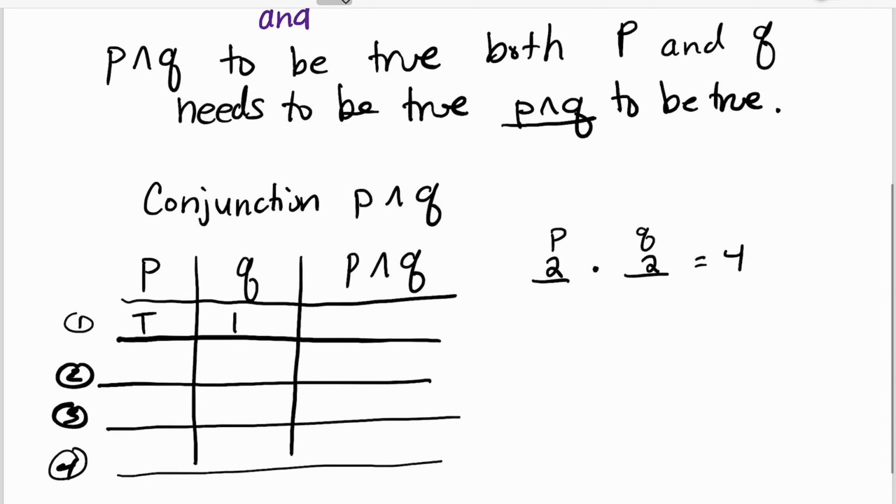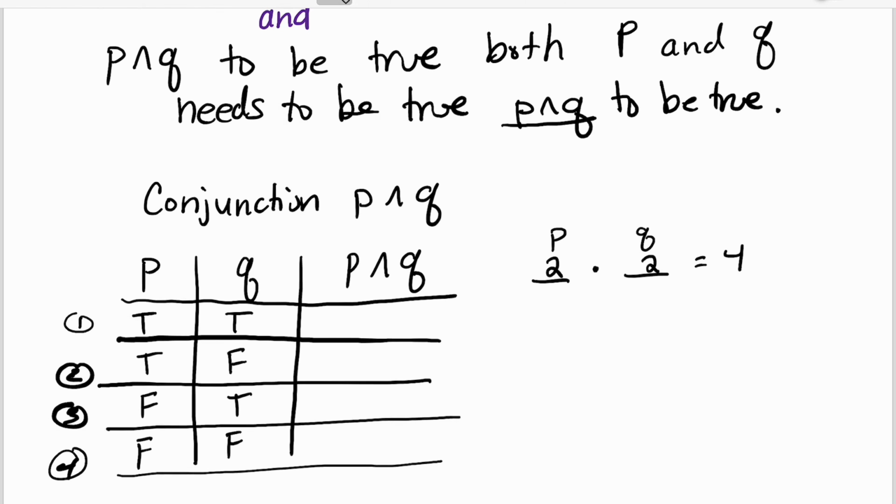So I could have true, true. I could have true, false. Or I could switch it the other way and have P be false and Q be true. Or they could both be false. So these are all the different possible combinations.